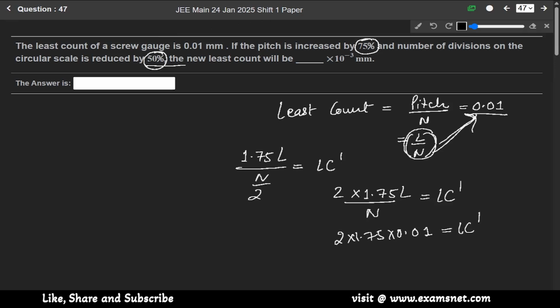So it will be 3.50 into 0.01 millimeter, which equals 35 into 10 to the power minus 3 millimeter. So our answer is 35 into 10 to the power minus 3 millimeter.